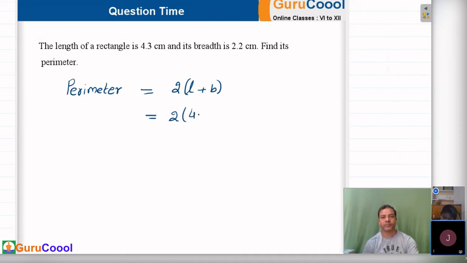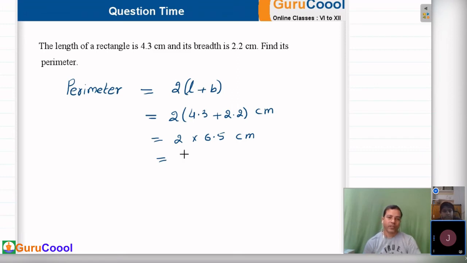I will multiply 2 into 6.5. 13, sir. 13 centimeters, sir. Yes, that's correct. 13 centimeter. That's correct.